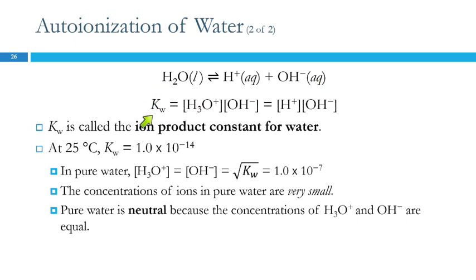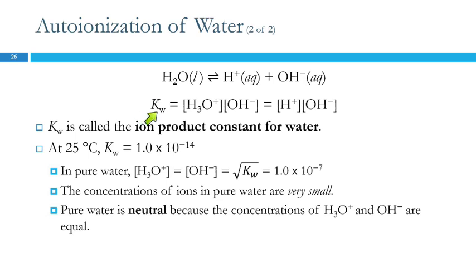So we can write an equilibrium constant expression for this equilibrium, and it's going to be H plus times OH minus. We're not going to do anything with the reactant because it's a liquid, and those don't show up in the expression. So we can write this as H plus, or we can write this as H3O plus. They are different representations of the same thing.